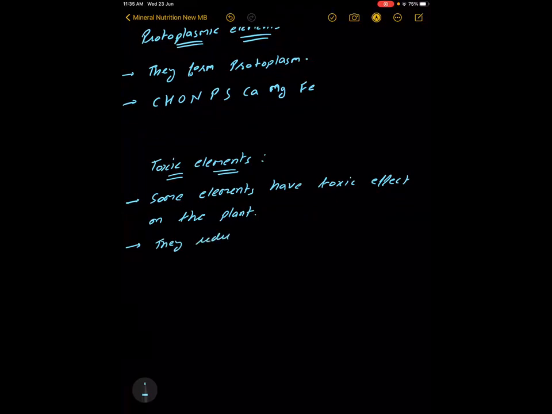They reduce the dry weight of the plant by 10%.